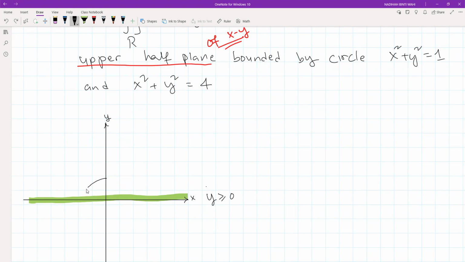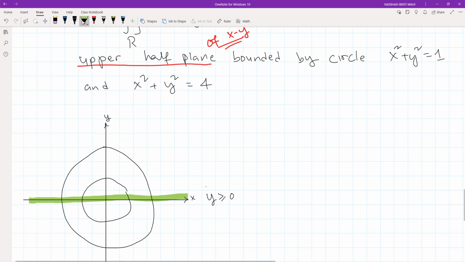So this is this circle, not to scale. And then x squared plus y squared equals to 4, this circle. Okay, so the region is bounded by this part. So this is in terms of visual.